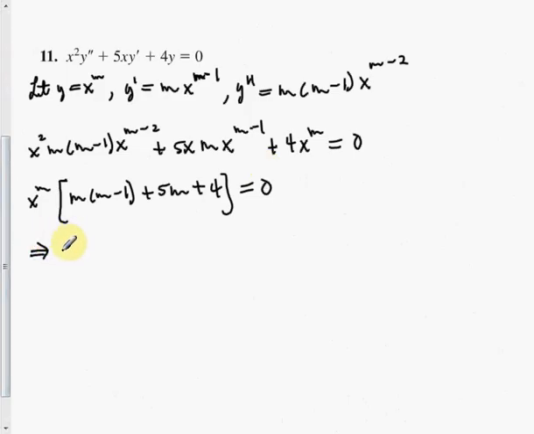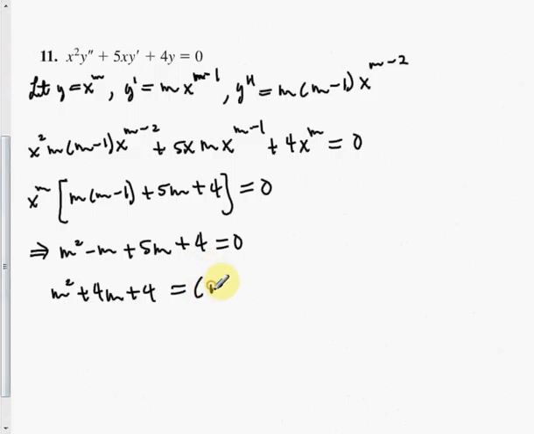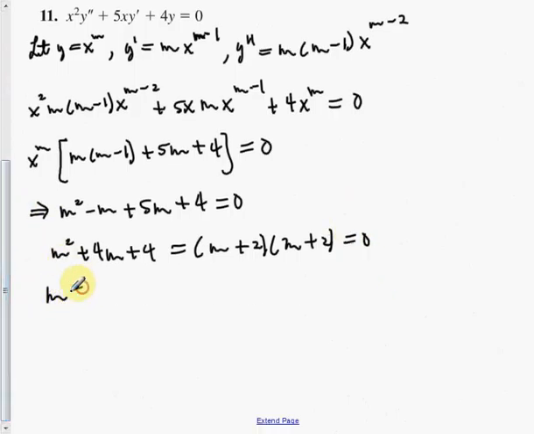This implies that just inside the brackets, simplify that, that's m squared minus m plus 5m plus 4 equal to 0. So this gives us m squared plus 4m plus 4, and we can factor that. This is m plus 2 times m plus 2 equal to 0. So m equals negative 2 twice.